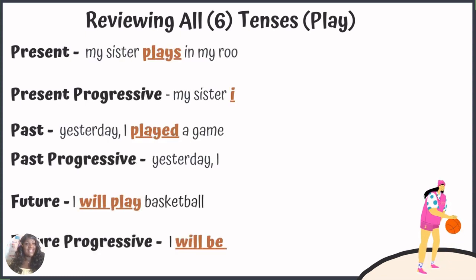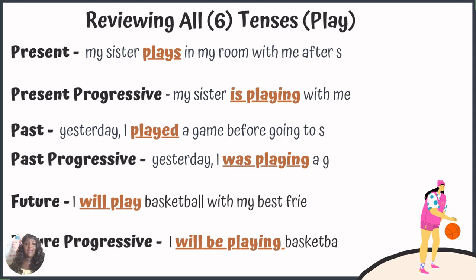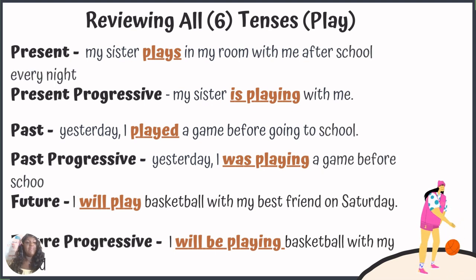Reviewing all 6 tenses for the verb play. Present tense. My sister plays in my room with me after school every night. Present progressive. My sister is playing with me. Past tense. Yesterday, I played a game before going to school.